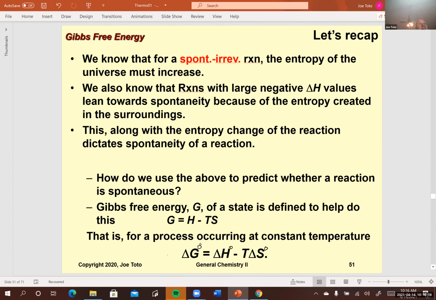Does anybody know what that indicates? If I had the superscript of 0 here, here, and here. No. Okay, good. That's awesome because that means you're going to know now. That means under standard conditions.